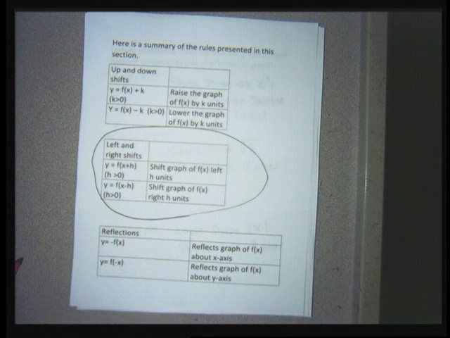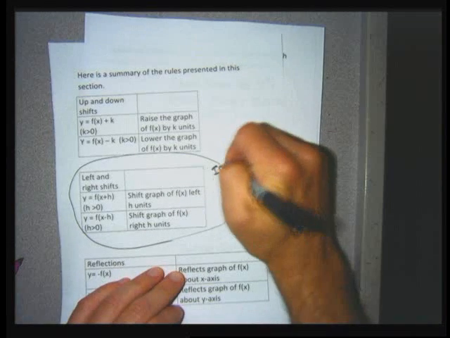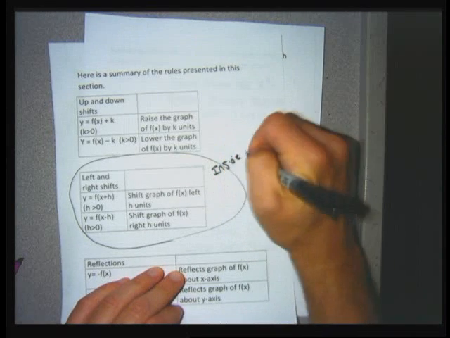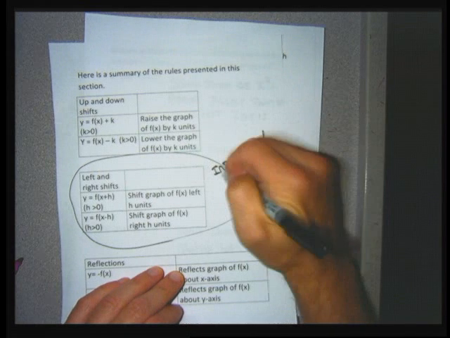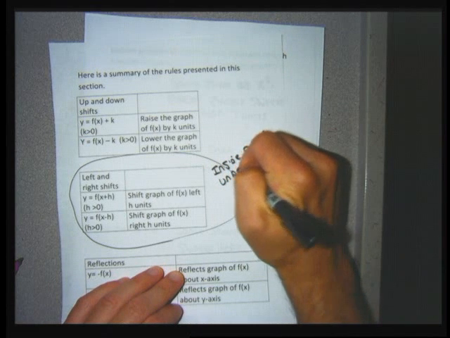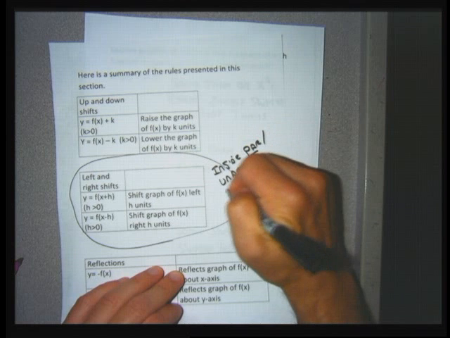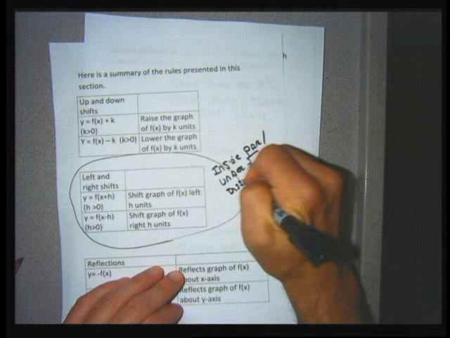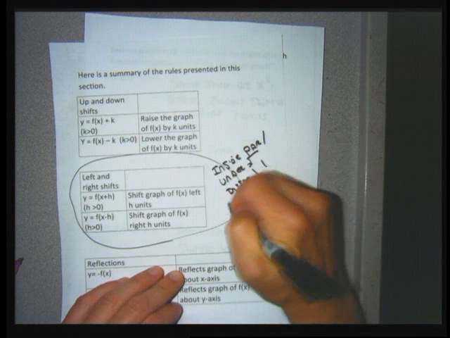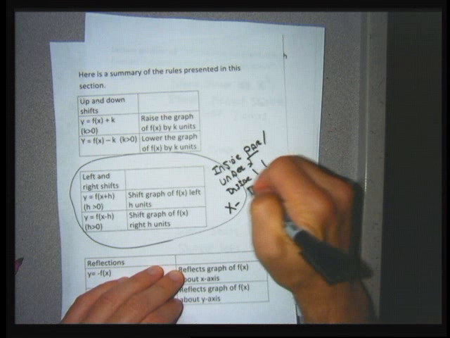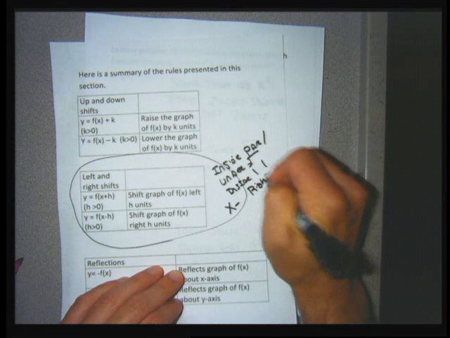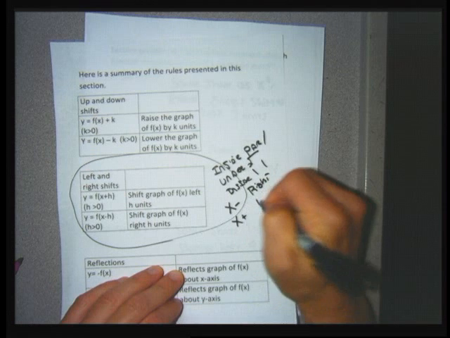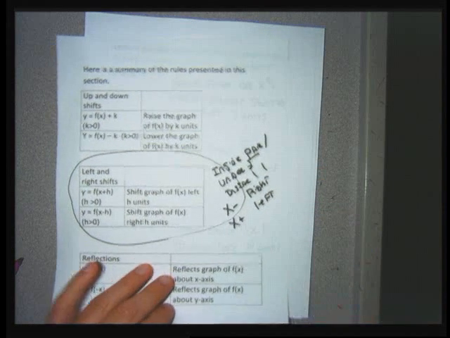So I usually say, inside parentheses, which is the same as under a square root, or inside an absolute value, an x minus shifts the graph to the right, and an x plus shifts the graph to the left.